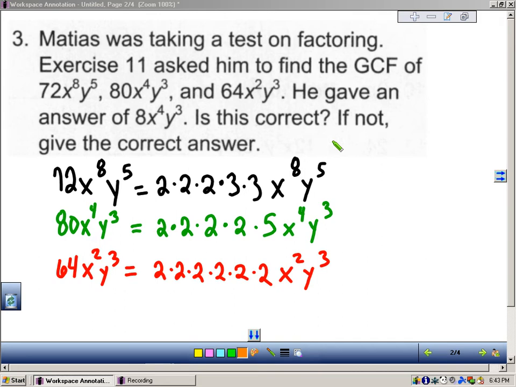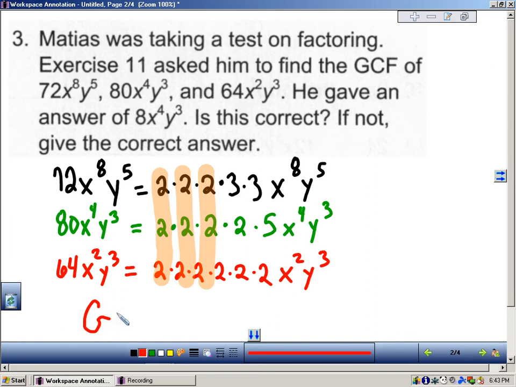let's highlight our common factors. The coefficients. That's it. Okay, now my variables.